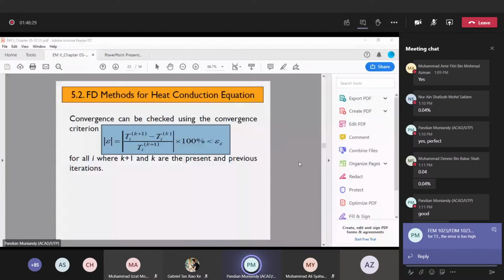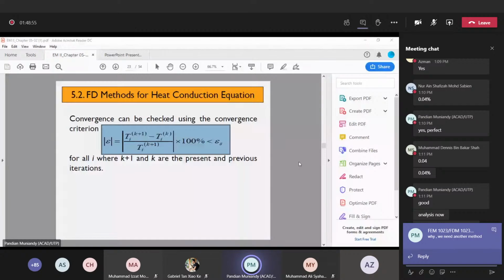This is how the mathematician or the scientist, the great inventor, develops a new method to answer why we need another method. This is what we call a philosophical question, class. Of course, you can pursue further studies, masters and PhD, to study this problem.